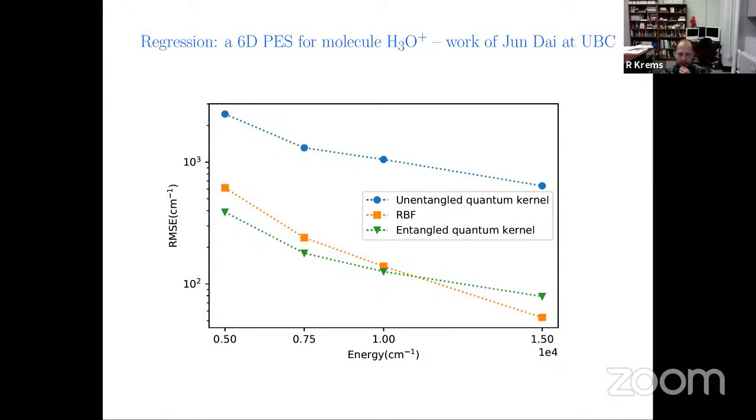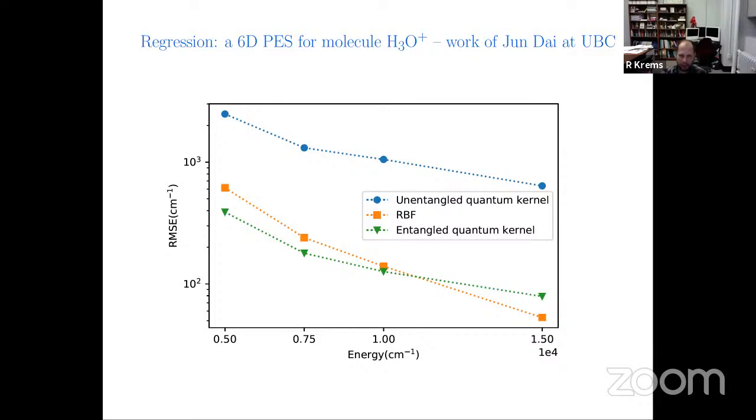Okay, so what these sort of exercises allow you to do is look at things like, for example, the role of entanglement for the performance of the kernels. And what I have here is the validation error as a function of the energy cutoff. On the x-axis is the energy of the top margin of that shaded region.